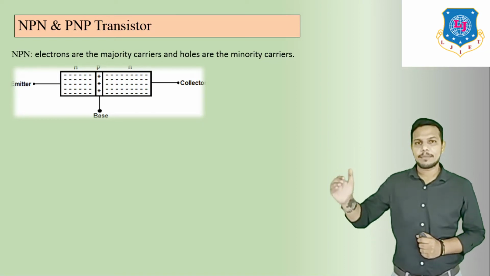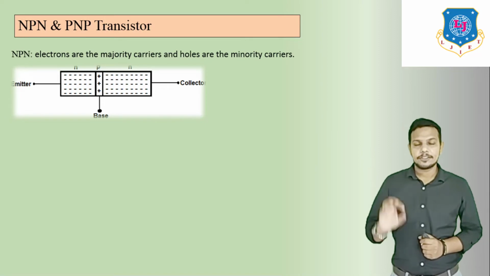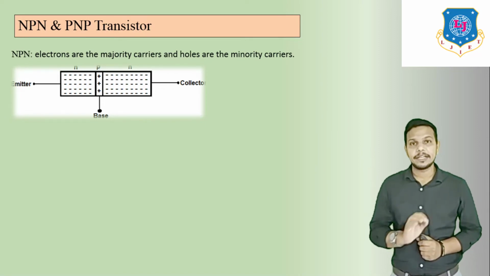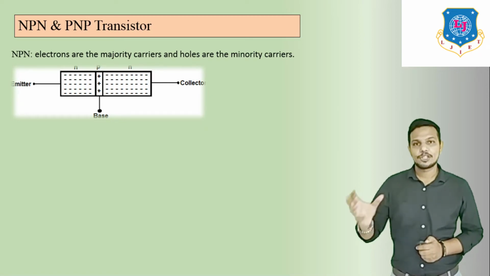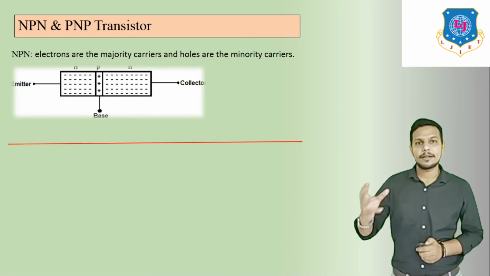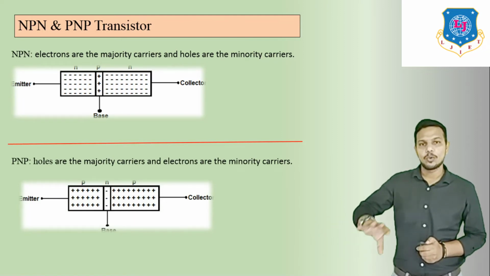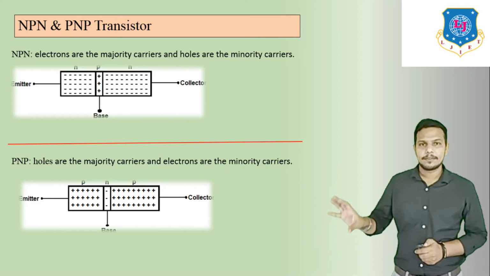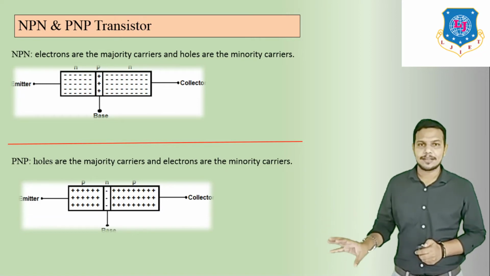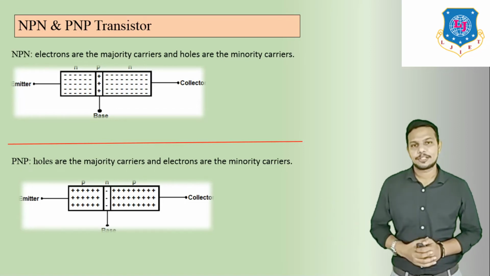So emitter, base and collector. We can say this is the unbiased condition of the NPN transistor. Basically, transistors NPN and PNP in unbiased condition look like this. In PNP, the majority carrier charges are holes and the minority carrier charges are electrons.